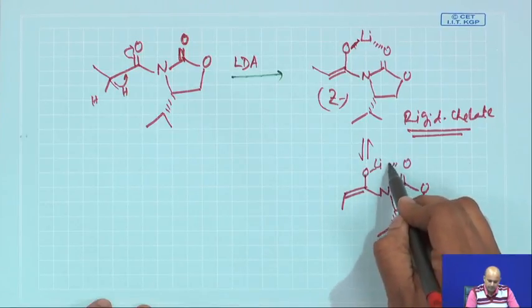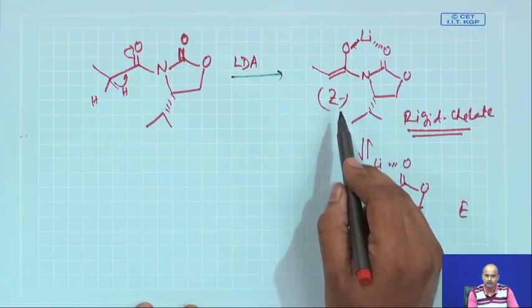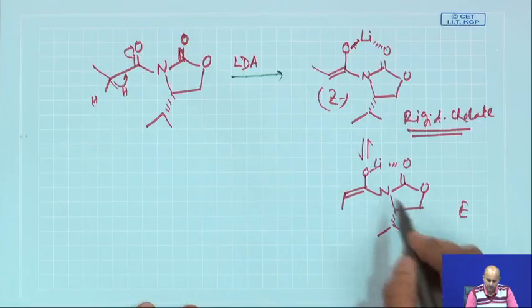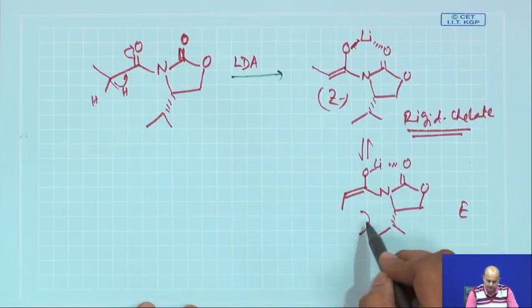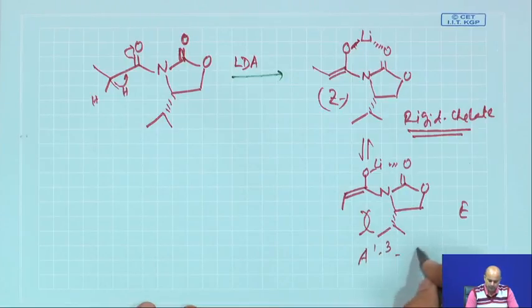Now, I am saying that normally Z enolate basically forms in a predominant fashion, because in case of E enolate you have a severe allylic 1,3 strain. Allylic 1,3 strain, if you are familiar, you can understand.